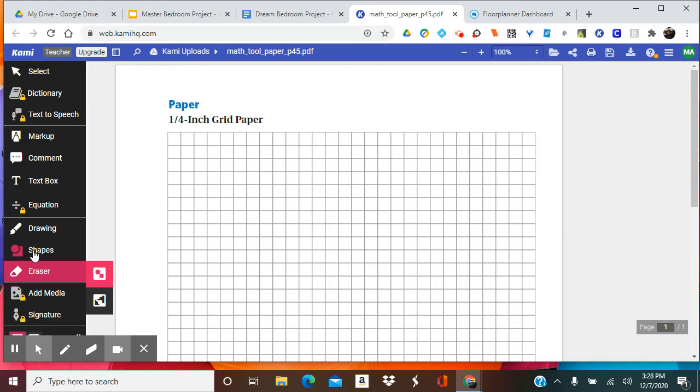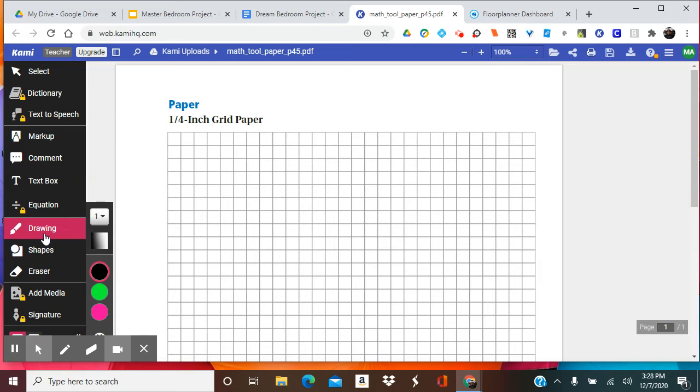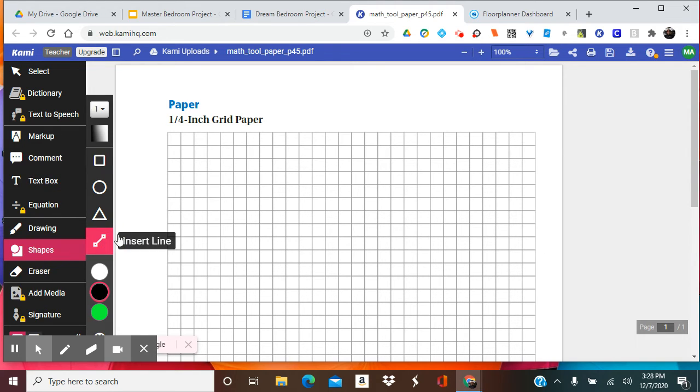You can actually use the shapes and the drawing. So I'm going to go ahead and put in my drawing. I'm going to insert a line. So I'm going to go here.